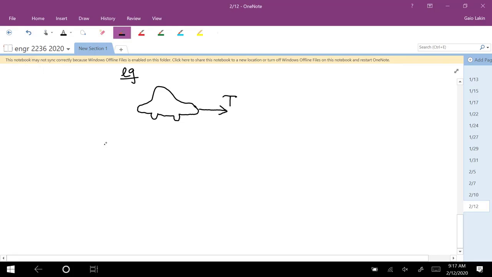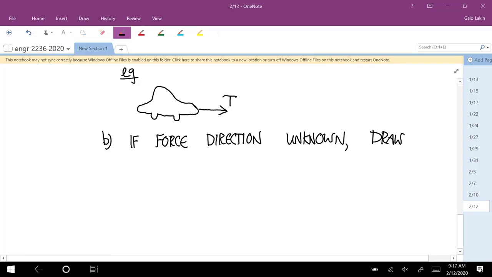And the other possibility is if the force direction isn't known, then draw arrows in the directions of the coordinate axes.